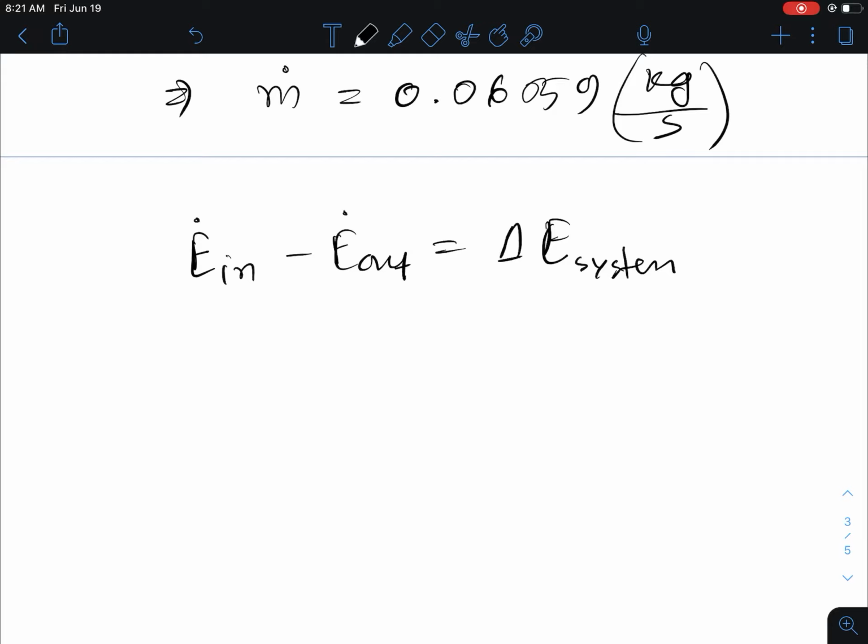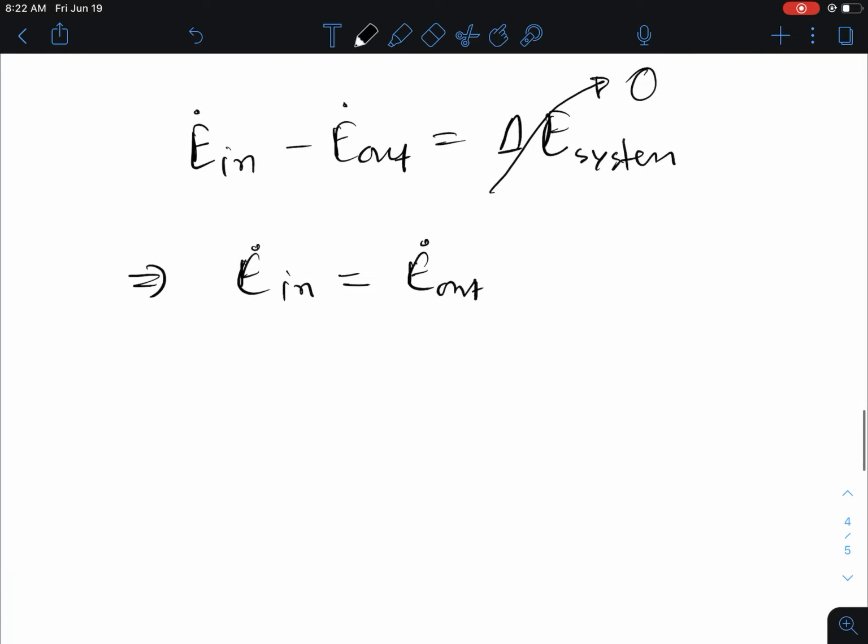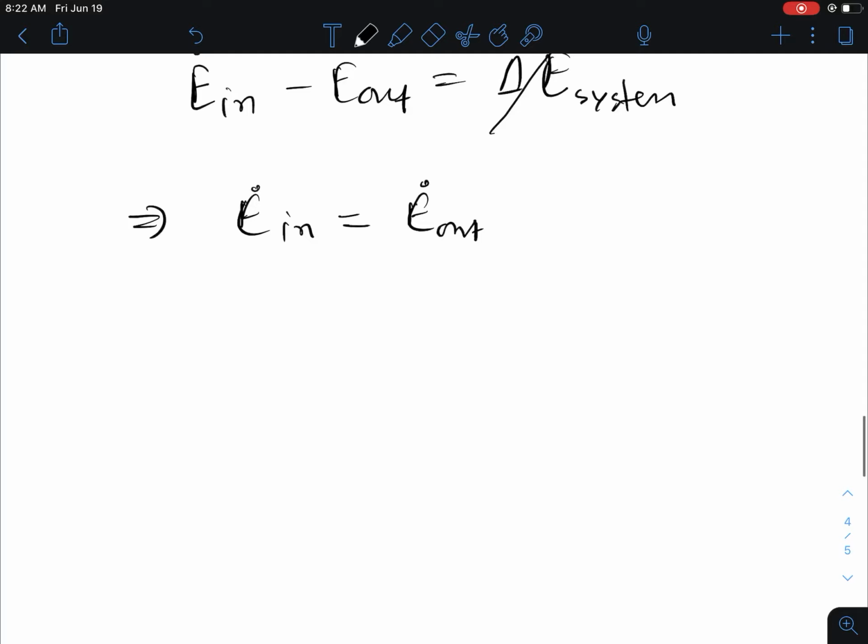If we express it in the rate, for the steady case, it will be 0, right? So if we rewrite this equation, E in equals E out, so the incoming energy and outgoing energy become the same.